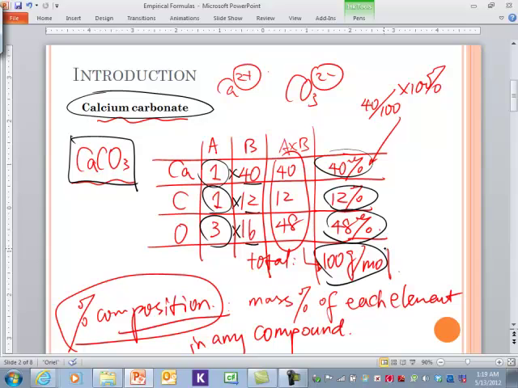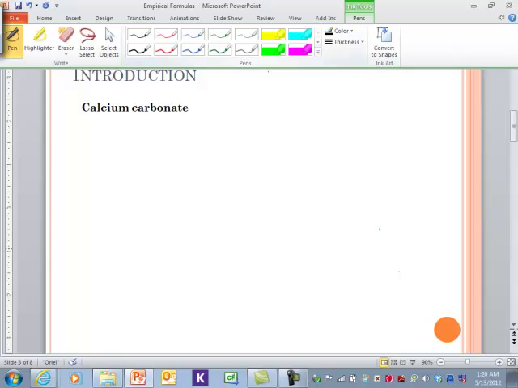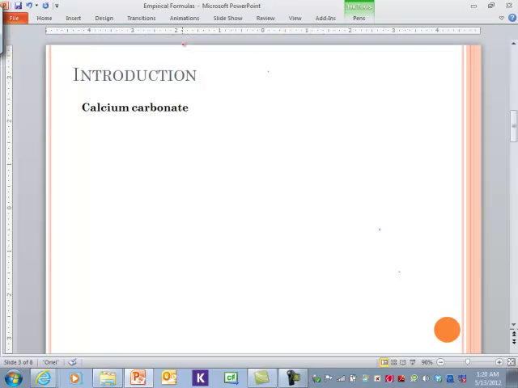So those were defined in the previous podcast, and today we're going to put a little bit of a twist on that. Also, if we say calcium carbonate, let me change the color of the pen. On one hand, you will know calcium carbonate is this particular formula.